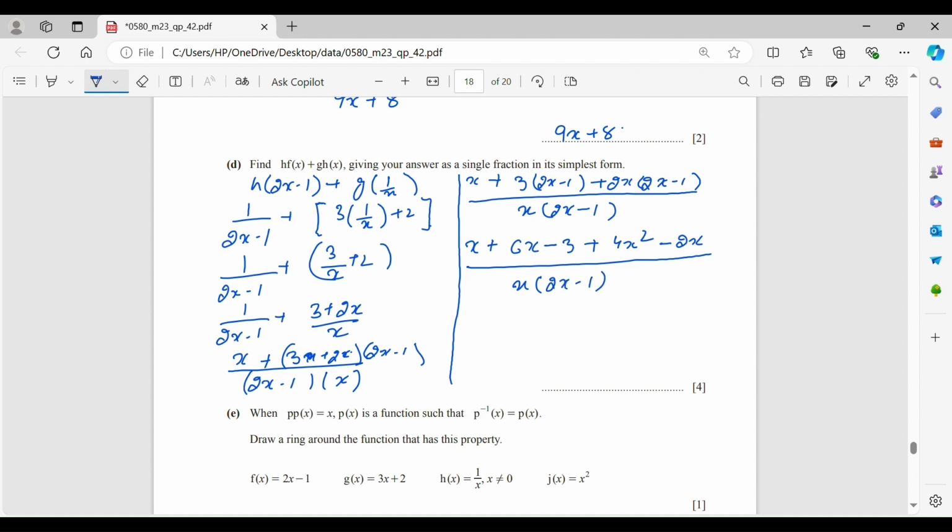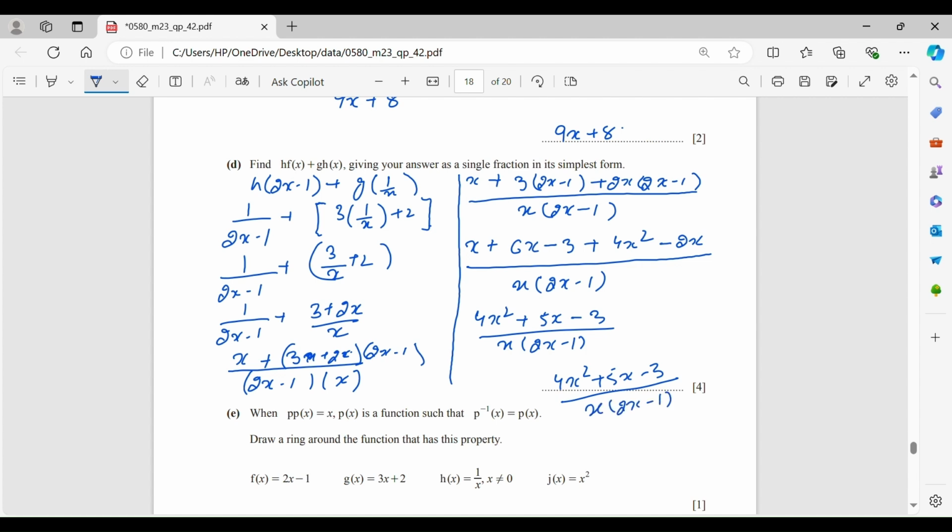Now this will be 4x square, 7x minus 2x is 5x, plus 5x minus 3 over x bracket 2x minus 1, right? This will be our answer. That is 4x square plus 5x minus 3 over x bracket 2x minus 1, right?